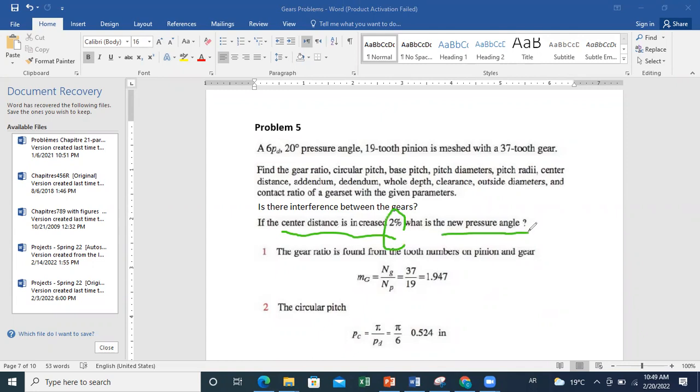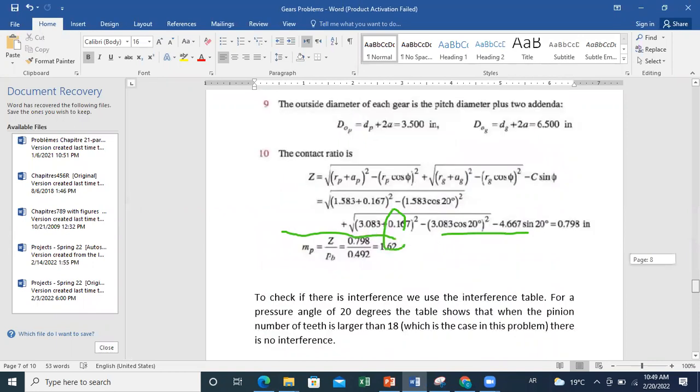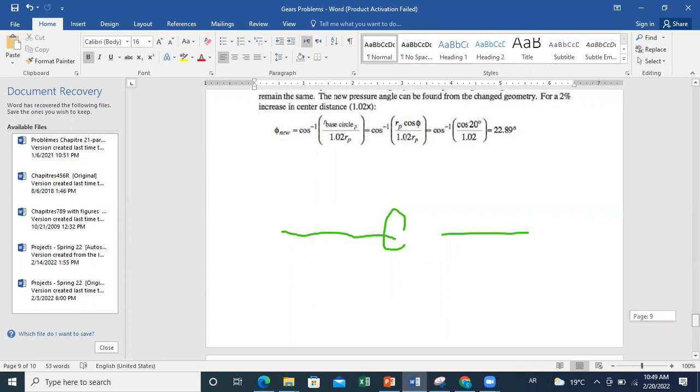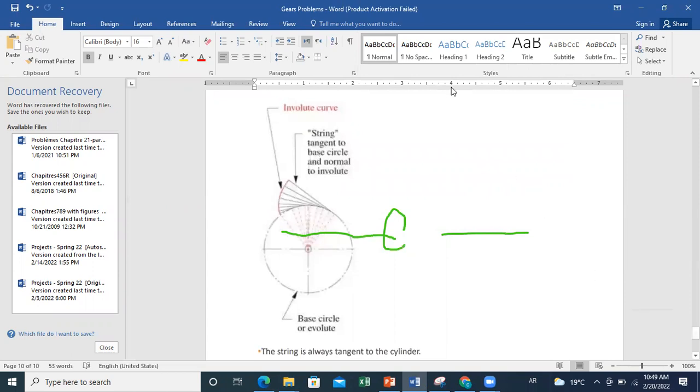To be able to answer this question, we should understand the concepts of base circle and pitch circles. To remind you a little bit, whenever you want to design a gear, you say that I want to have involute teeth. And involute teeth are geometrically determined from the base circle.